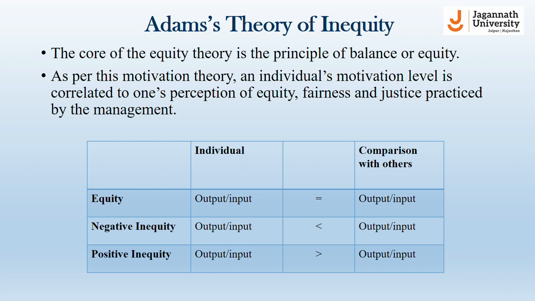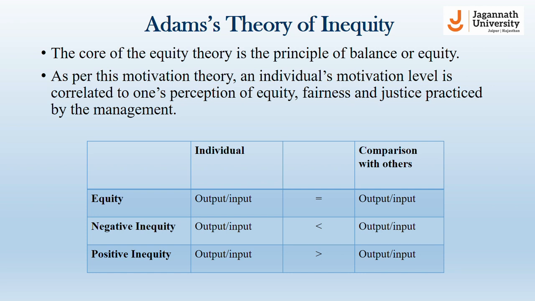So equity theory actually focuses on the output and input of an individual and the aspects of equity in comparison with others. As we can say in the table, equity is considered when an individual's output and input is equal to the output and input of the other reference group of comparison.